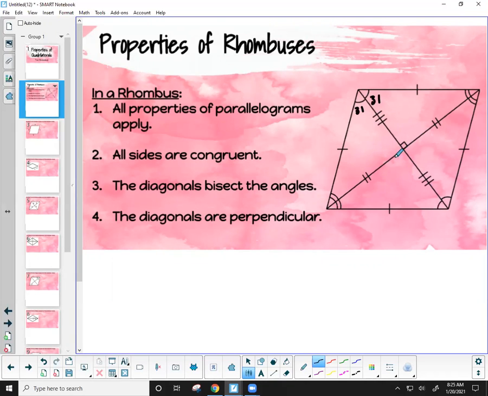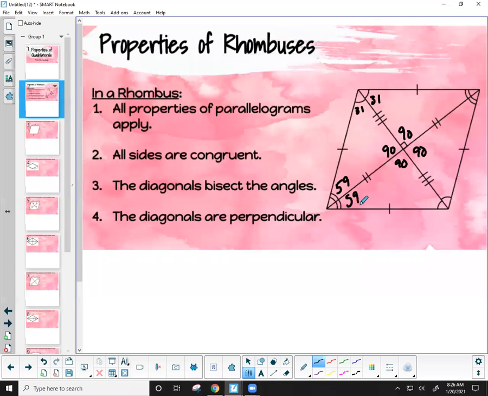So what happens for us then is we end up getting these right triangles. So if we know one angle, we can find out all the others because we have all these 90-degree angles here, right? So if this one's 31, I could take 180 minus 90 minus 31, and I can get that this is 59. Well, keep in mind that diagonal bisects my angle, so this also has to be 59.